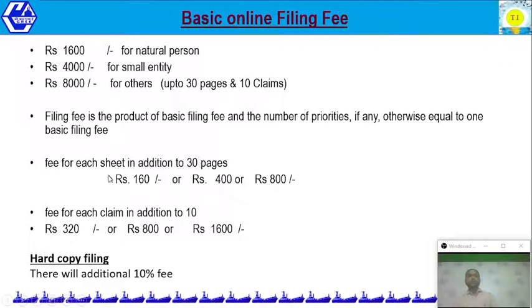Beyond 30 pages, per page you have to again submit rupees 160 for a natural person, 400 for a small entity and 800 for others. And for any claim beyond 10, you have to submit rupees 320 for a natural person, 800 for a small entity and 1600 for others. If you go for the hard copy filing route, then you have to bear an additional 10%.